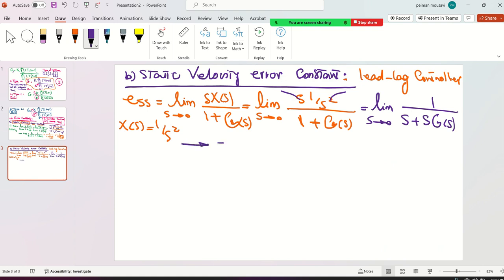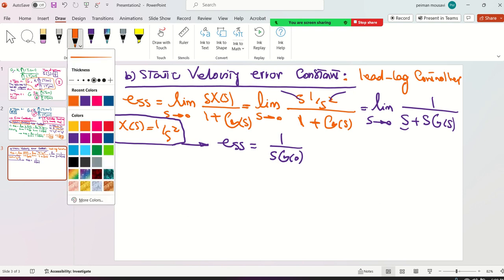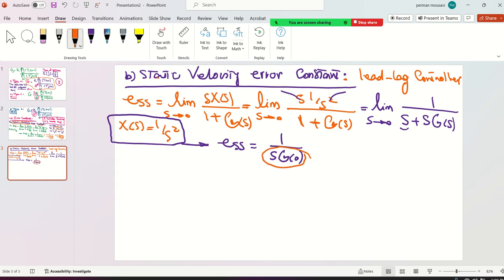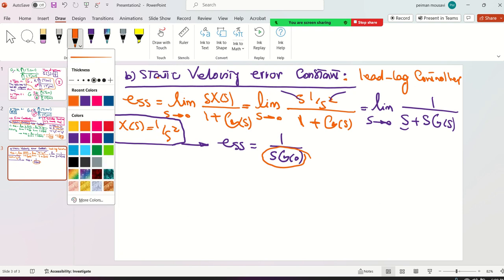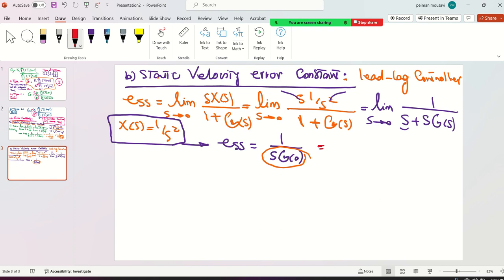From here, the steady state for the input of the ramp: if you put S to 0 here, look at here guys, the first term is going to be 0. Now S G of 0, we name this the static velocity error constant. Bear with me, there is a reason. So ESS is 1 over Kv.